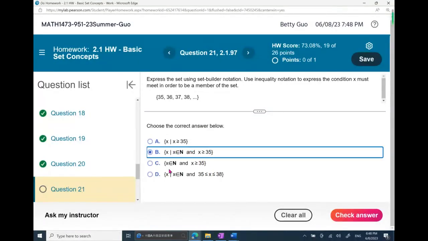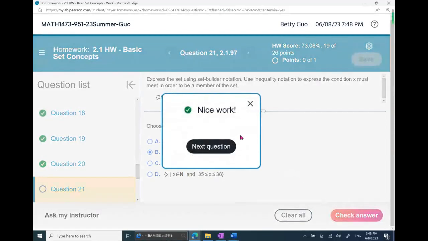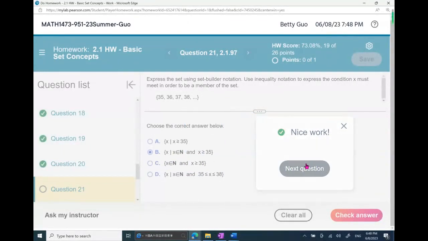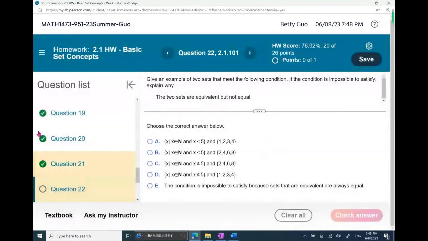What about B? All the natural numbers bigger than or equal to 35, right? Not D, because it doesn't stop at 38. We have a dot, dot, dot here, so it continues. So it's B. We need to get familiar with this format, this method to describe sets.